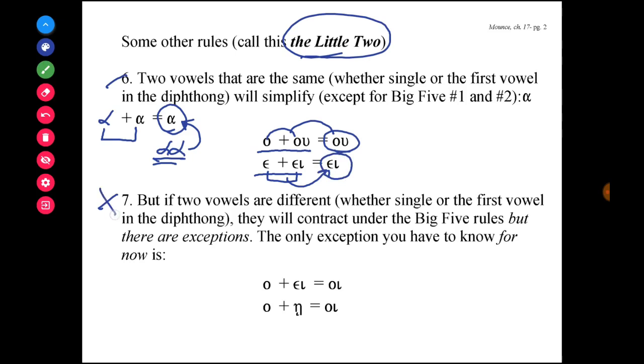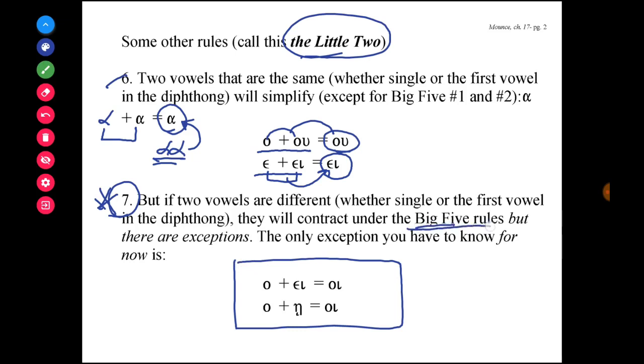The number 7 is a bit of a tricky rule, and to make it very simple, I think the easiest way is to simply memorize this vowel combination. When you have two vowels that are different and you combine them, they'll undergo the Big Five rule contractions, except for these two special cases.